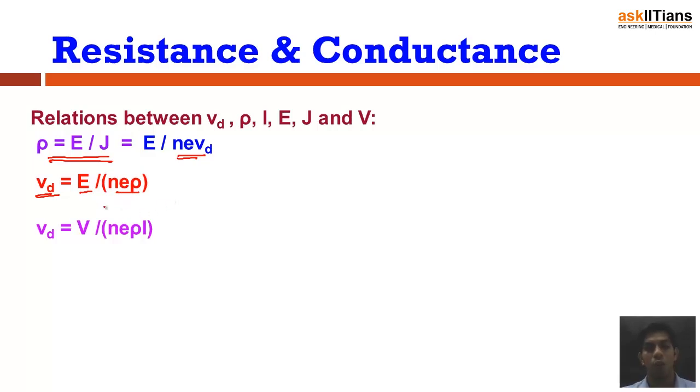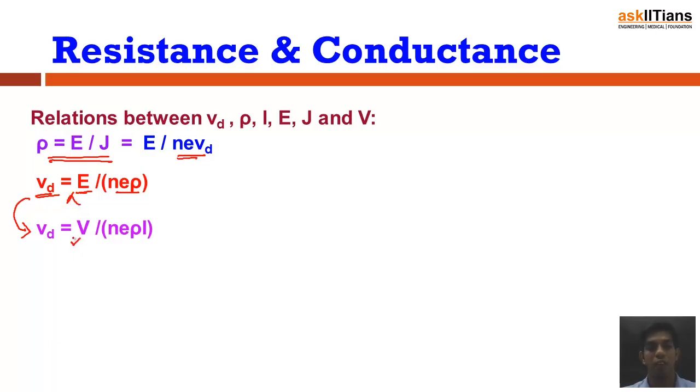Now we are making a substitution in this particular case, that is, making a transition from this expression to this expression, substituting the value of electric field as potential per unit length. We are doing so because we measure potential difference, not the electric field.